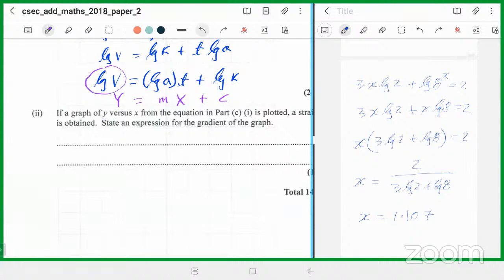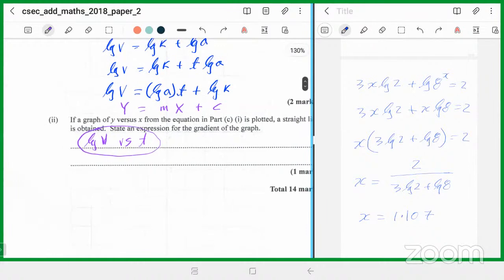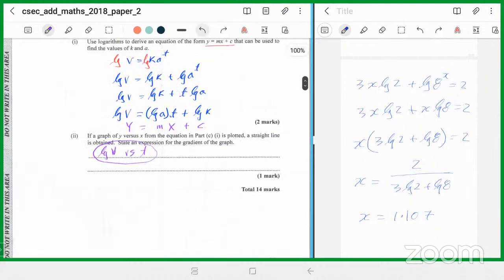If you plot a graph of log v versus t, you're going to get a straight line because this is in the format of a straight line. So you plot this against this, and this is going to be a gradient, and this is going to be a vertical axis intercept.